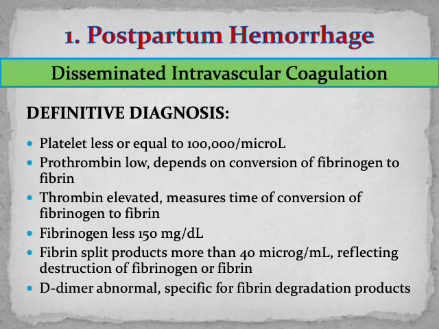Yung fibrinogen mababa, no, below 150 mg per deciliter. The fibrin split products more than 40 micrograms per ml. This reflects destruction of fibrinogen or fibrin. Plus, yung D-dimer is abnormal. So, ito yung nagdedetermine ng specific fibrin degradation products.